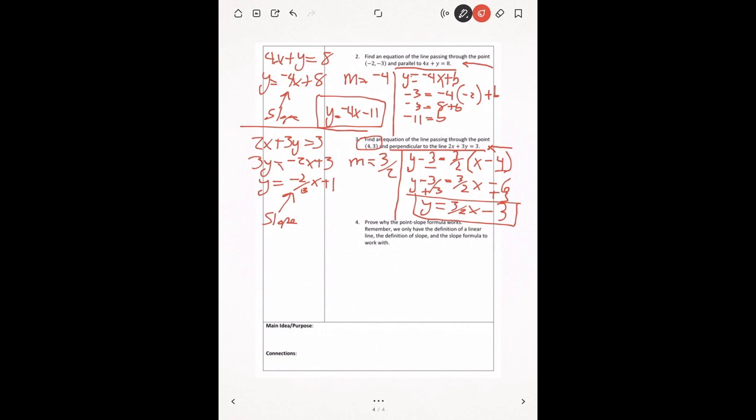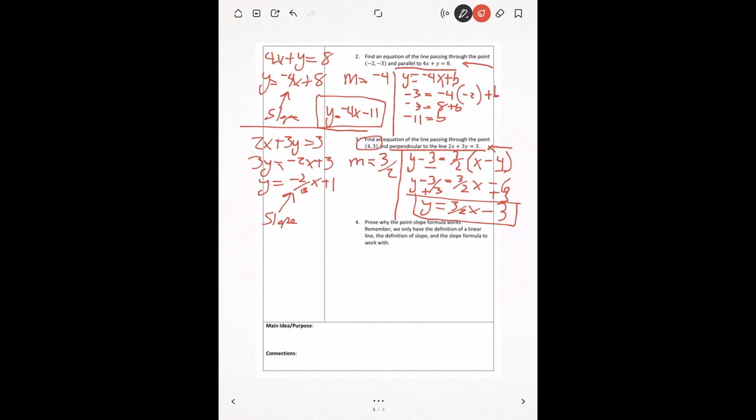And we did it by using the same idea as before. We're using the given information to come up with what our slope could be, and then we use the point-slope formula to come up with the equation. So we've seen a couple different examples here, and some ways of going about solving these problems.